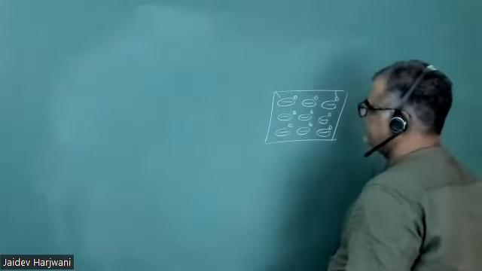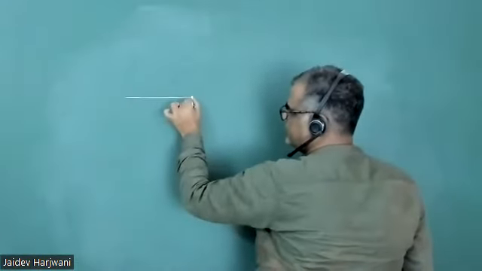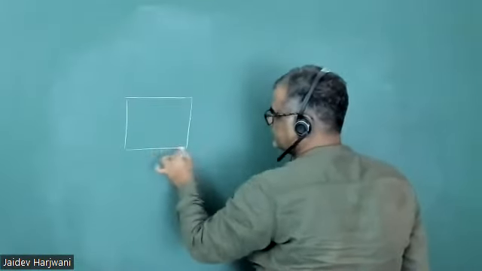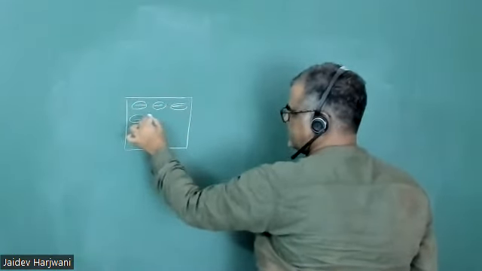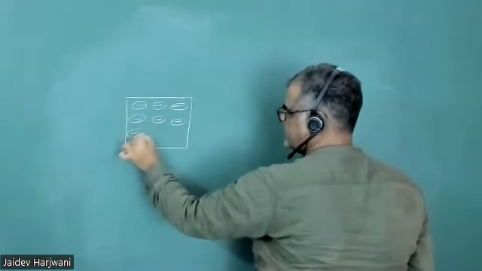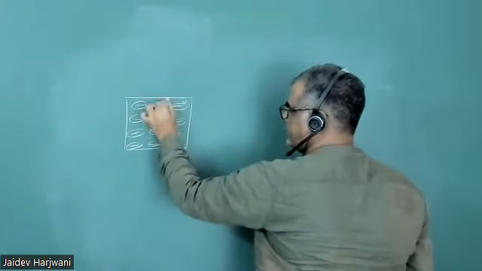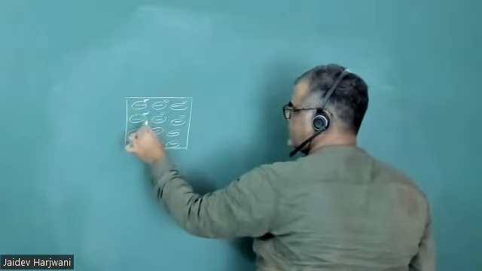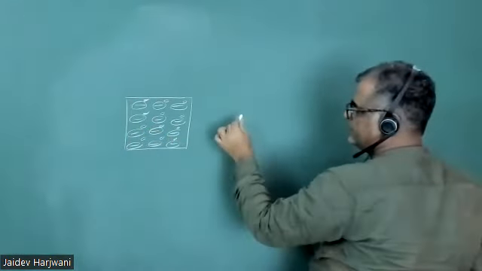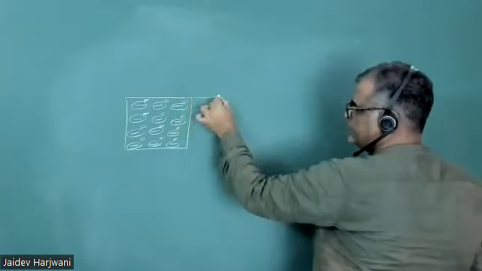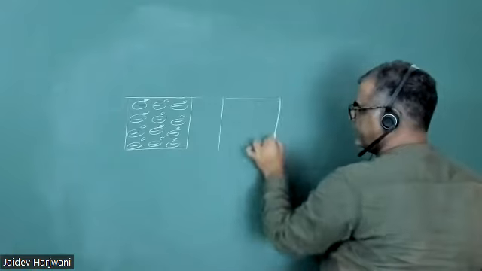Okay, so let me draw this p type material again here. So this is my p type material. Here you have hole. Okay. And here you have, say, a N type material.